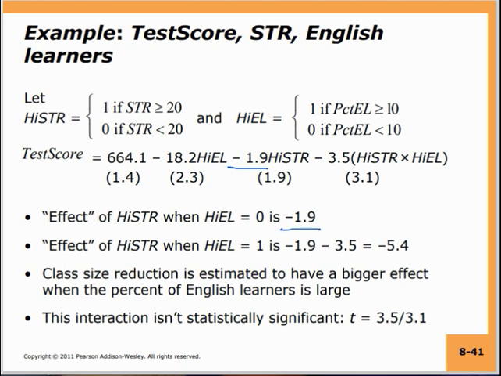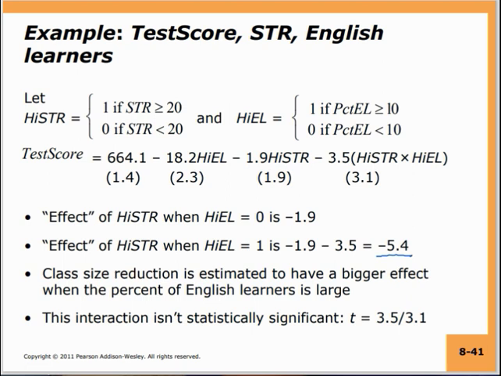But if HIEL is equal to 1, then your beta 0 also changes. So this becomes 664.1 minus 18.2, that is your intercept changes, but your slope also changes. Your slope changes by an amount of minus 3.5. You further subtract 3.5, that is, the magnitude of the slope is much higher.